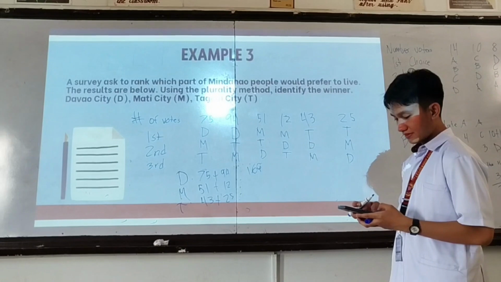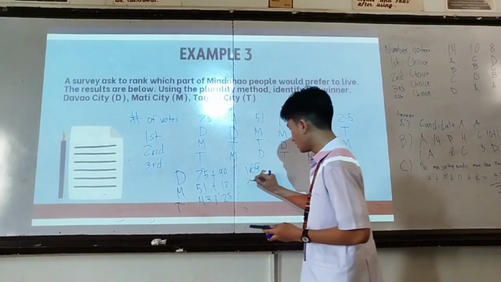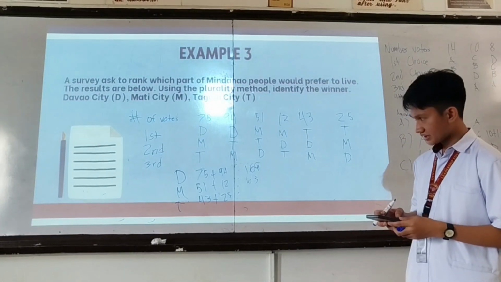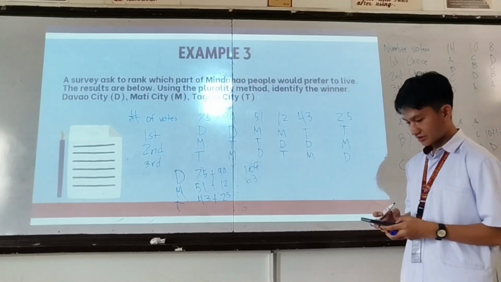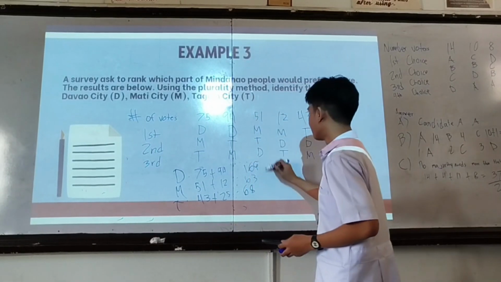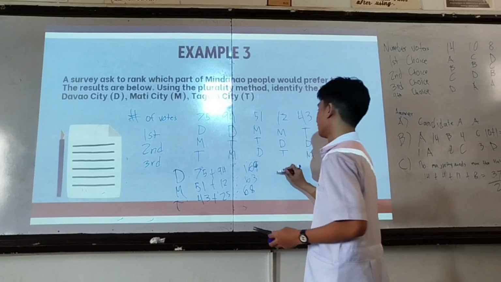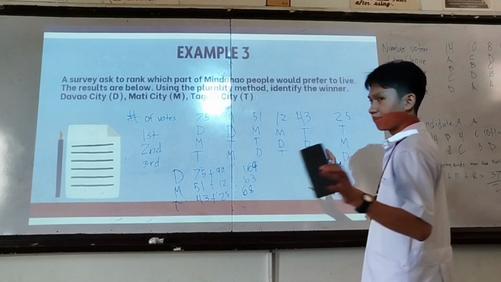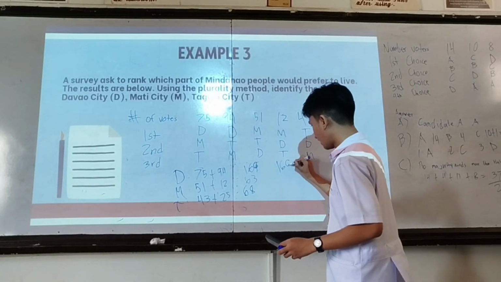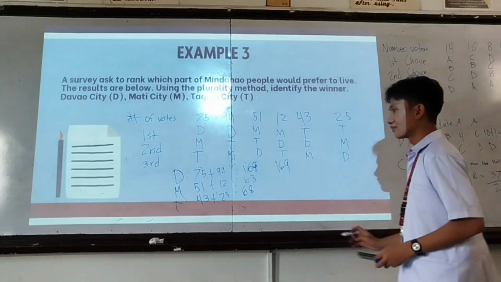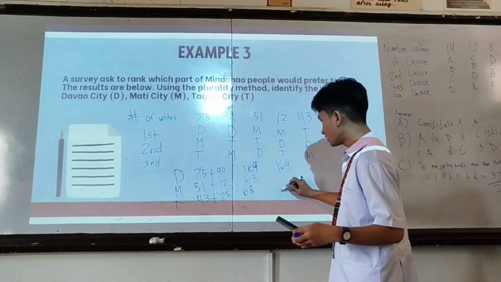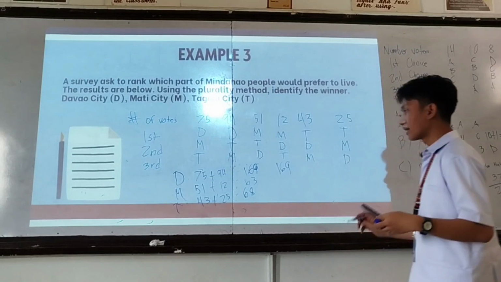The second city, 51 plus 12, is 63. The third city, plus 25, is 68. The winner, the city where people prefer to live, is Davao City, which got 169 votes. In second place, with 68, is Tagum City, and lastly, third place is Mati City.